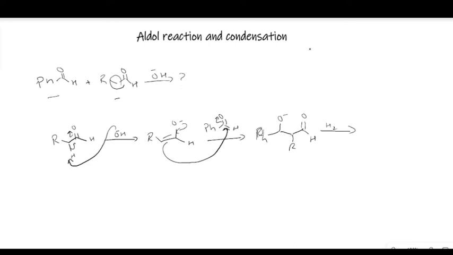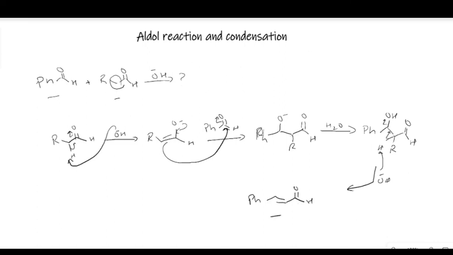Again, it takes a proton from water to give the aldol product. But this time, the product is not a self-addition product, but it's a cross-aldol product, which can then be dehydrated in the same manner as we saw before, by abstraction of this acidic proton in the presence of a base, to give this alpha beta unsaturated aldehyde.